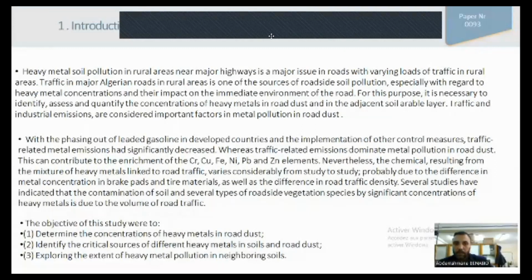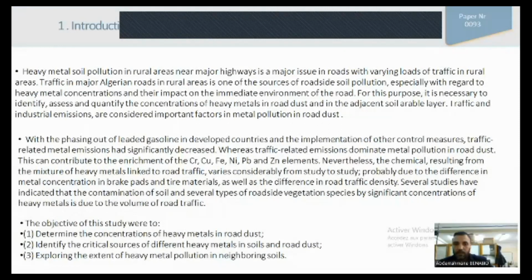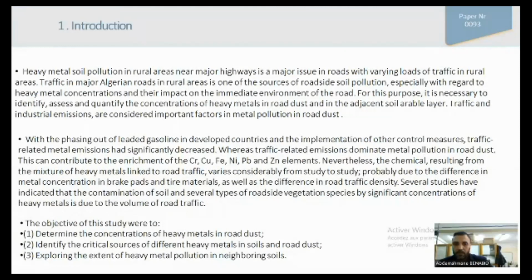With the phasing out of leaded gasoline in developed countries and the implementation of other control measures, traffic-related metal emissions had significantly decreased, whereas traffic-related emissions dominate metal pollution in road dust. This can contribute to the enrichment of the chrome, copper, iron, nickel, lead, and zinc elements.